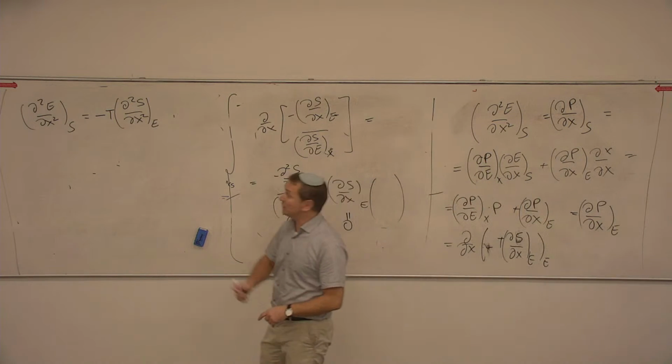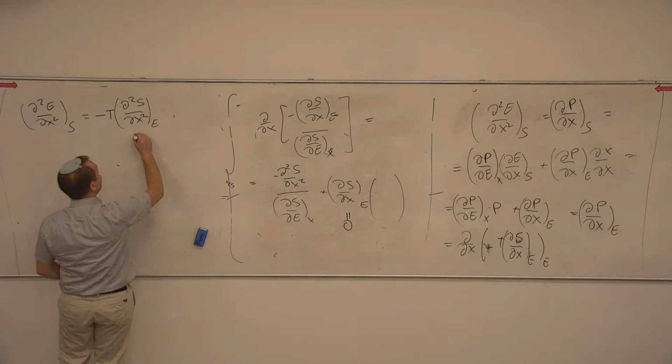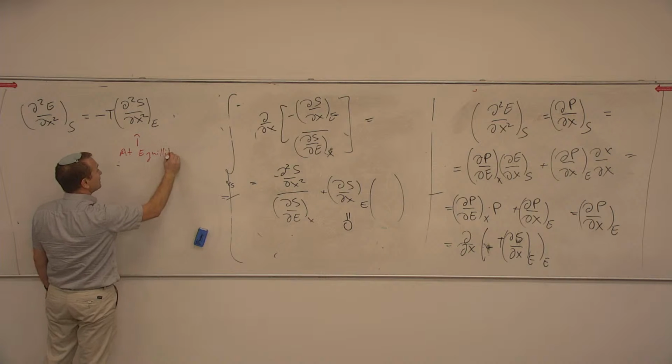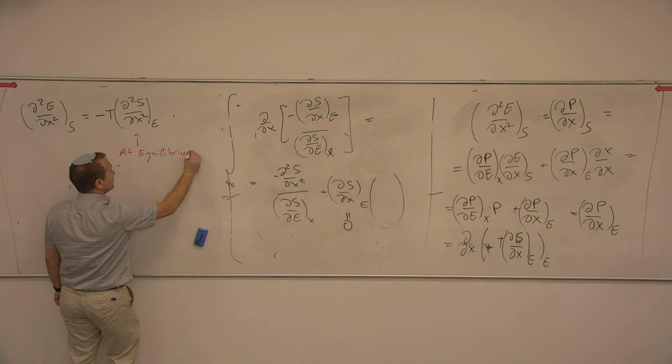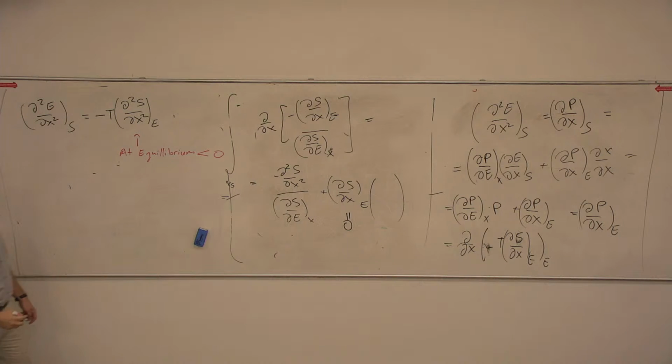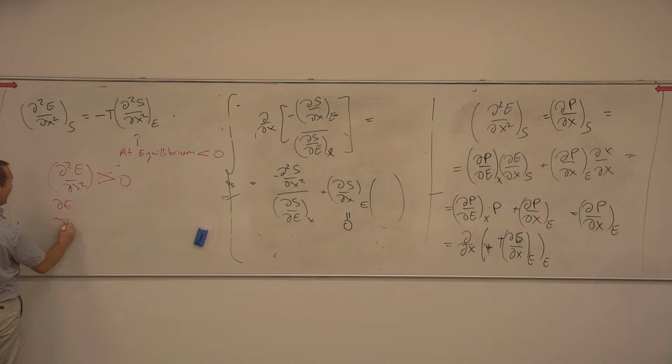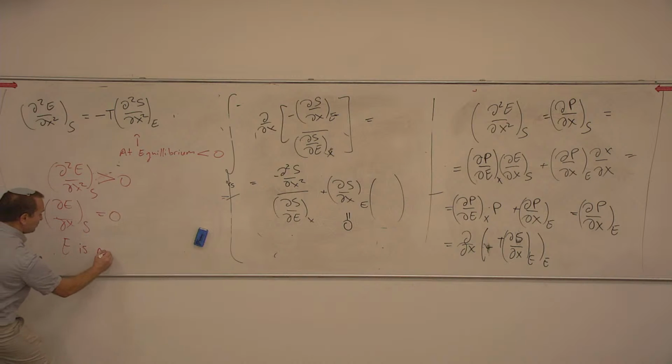We don't know, but if we're at equilibrium, it's negative, exactly, it's smaller than 0. So what we got is d squared E to dx squared at equilibrium is positive, while dE to dx is equal to 0. So E is minimal.